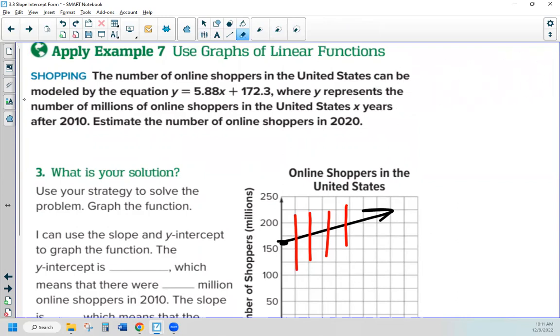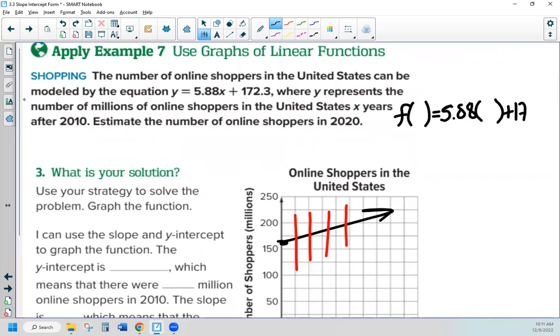Let me write smaller. So my function is in years, because those are my x's: 5.88 every year plus 172.3. Okay, so how many will we have in 2020?